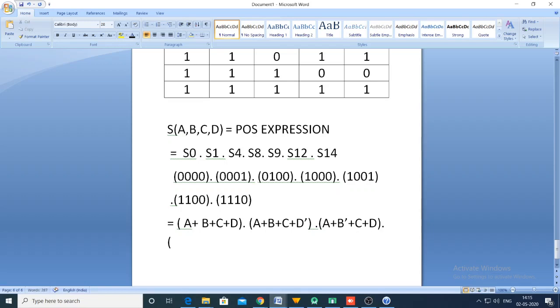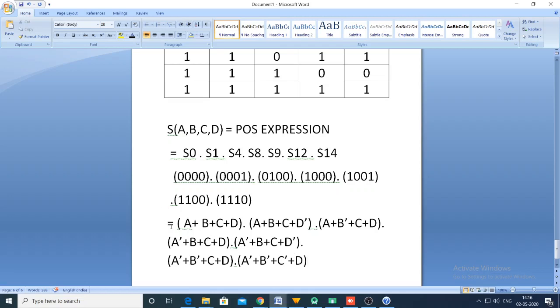Then thereafter the next one, A bar plus B plus C plus D. Then A bar plus B plus C plus D bar. Then A bar plus B bar plus C plus D. Then A bar plus B bar plus C bar plus D. Okay.